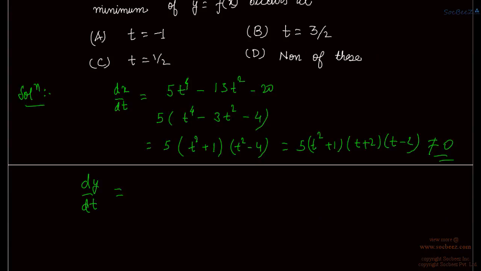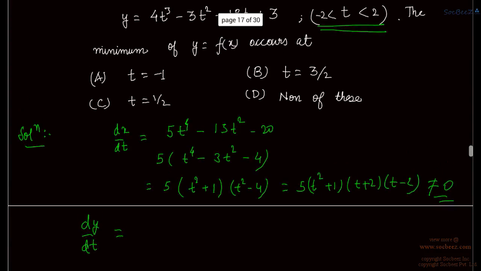dy by dt is, here y is 4t cube, so dy by dt is 4 times 3 is 12t square minus 3 times 2 is 6t minus 18, which can be written as 6 times 2t square minus t minus 3, right?